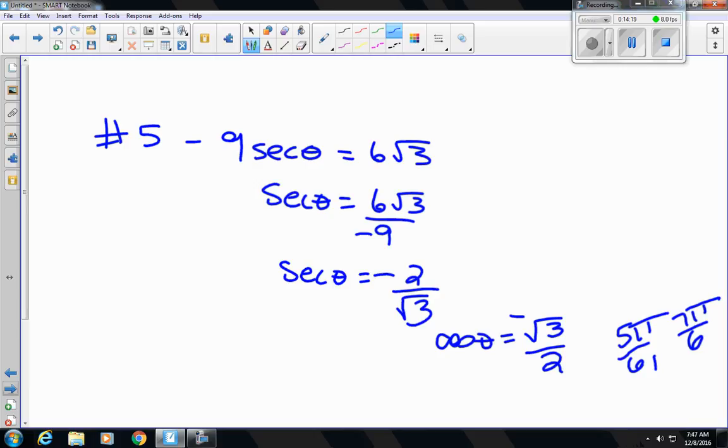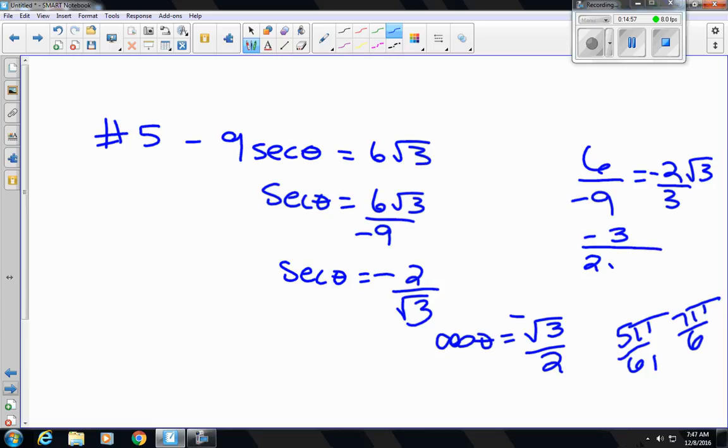Okay, so let's just look at the fraction 6 over negative 9. What do you notice is in common about both of those? They're multiples of 3. Okay, so this 3 goes into 6 how many times? And into negative 9. Okay, and then where's my root? Up here? Okay. And so if I flip it, it becomes what?